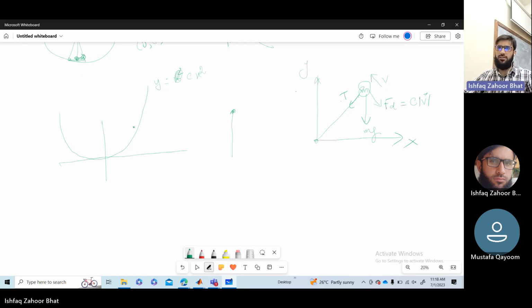Let's assume this is the string and the bead goes down this. This is one way of looking at it. The other way is that you have a tube, and a small ball which slides down it. Another way is that you have a ring.